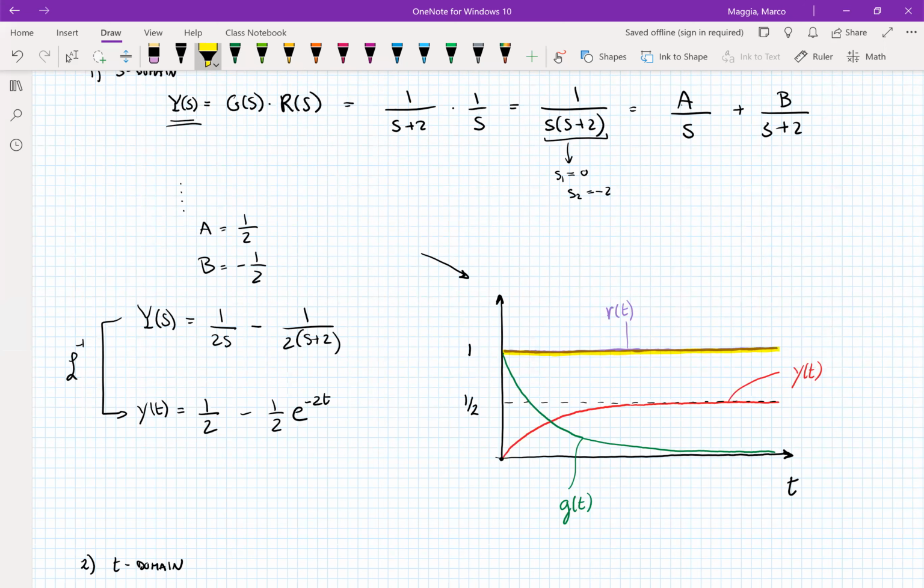The transfer function is just e to the power of minus 2t, so it just goes to 0. And if you apply the convolution between r and g, you'll find y of t. Again, in the time domain, but we didn't need to do that in the S domain. So y of t is this function over here, which approaches 1/2 as time goes to infinity.